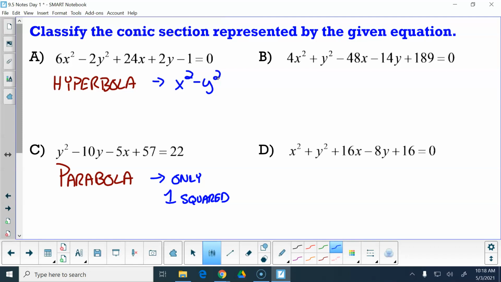Circle. Why? Because the 2. I see 5 terms. So that's just, I mean, the square term. What about the square term? I don't know.